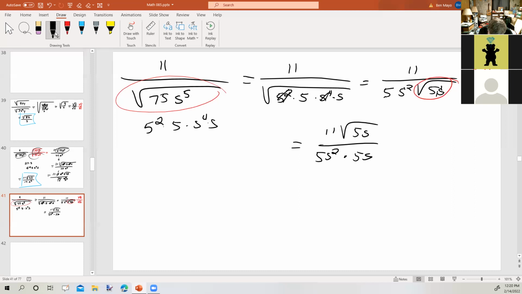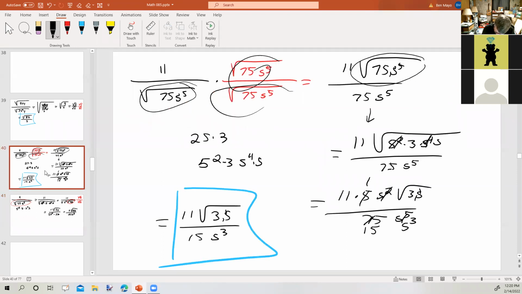Something tells me, uh, 5s. Let's see if that's right. That's going to give me 11 square roots of 5s over what, 25s cubed. Yep, there's something wrong there, isn't there?